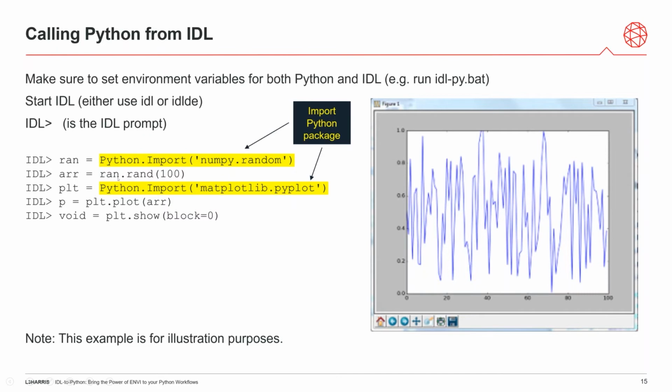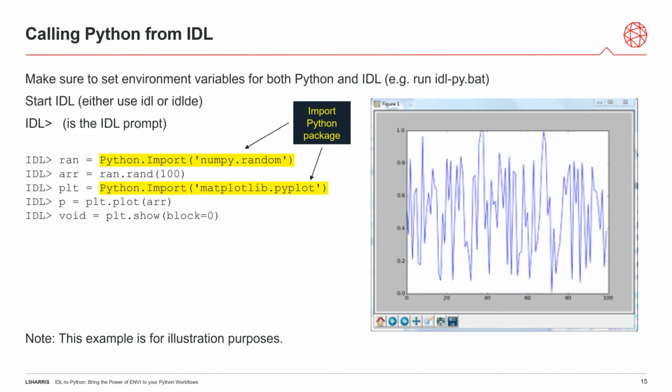And now we can run the ran function that creates a 100-element array of random numbers. This creates a NumPy array, and we're assigning it to this IDL array variable, ARR. As I mentioned before, behind the scenes, we don't have to think about all that transfer and how that happens. It all gets handled by the bridge technology.